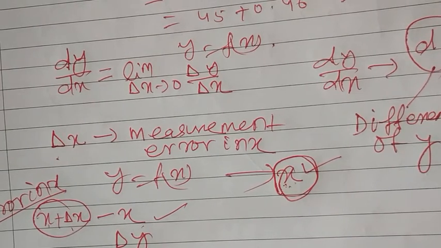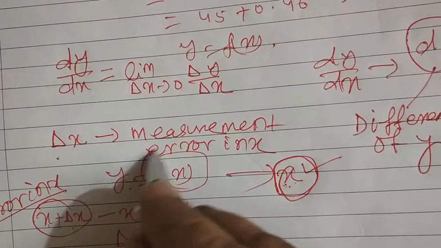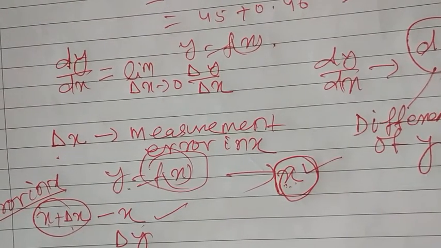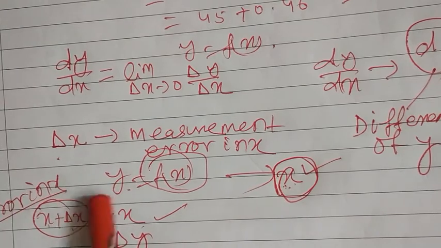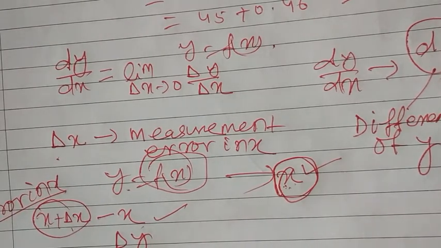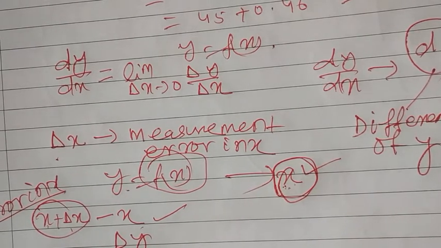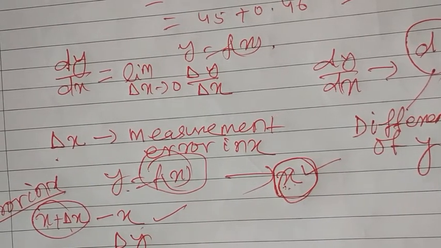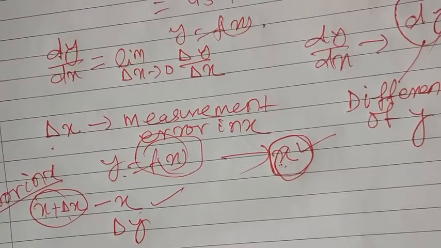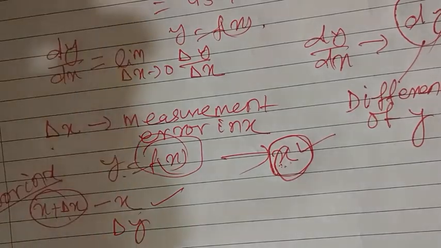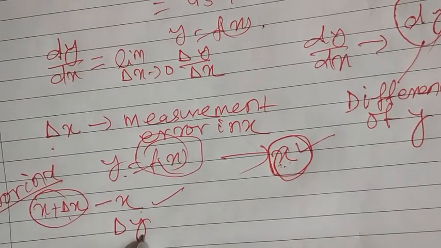Okay, y is a function of x. It is a formula. So in a formula, or in some application, the error comes only when there is error initially. So the initial error is measurement error, and that measurement error is propagated to y.